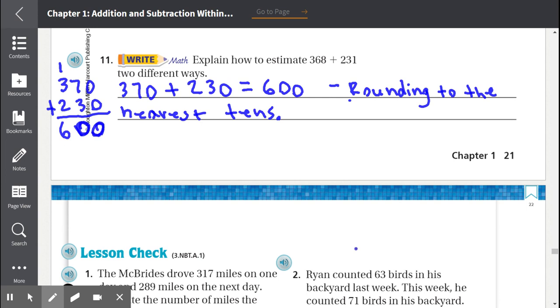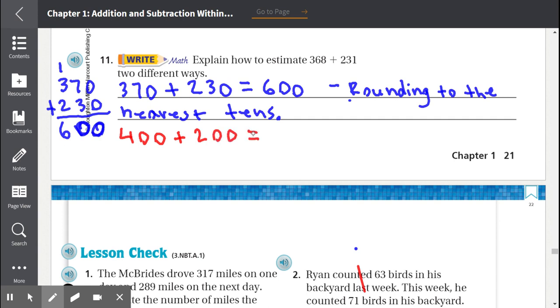So 368, oh, I'm sorry. So when we're rounding to the nearest hundreds, 368 would become 400, and 231 would be between 200 and 300, but it's closer to 200.